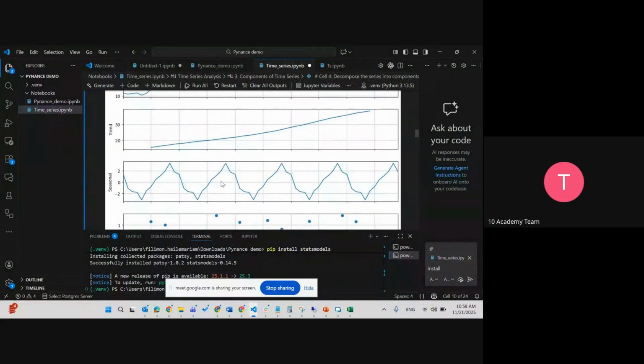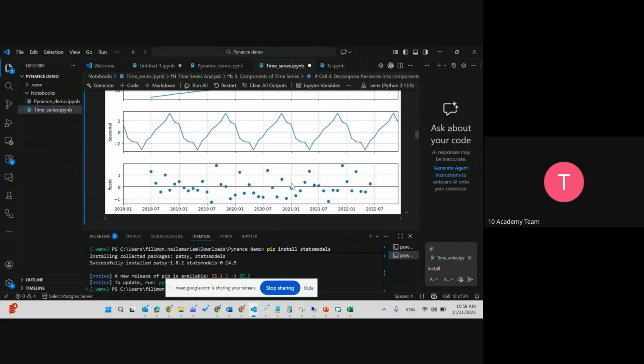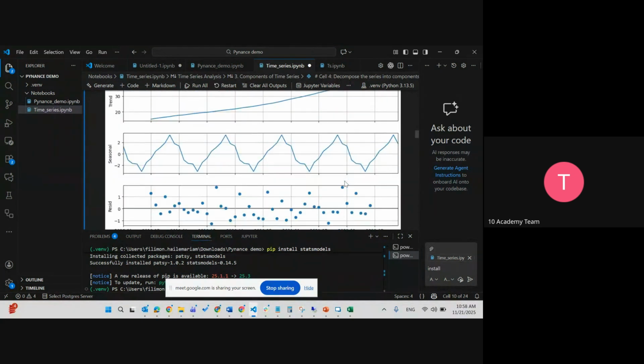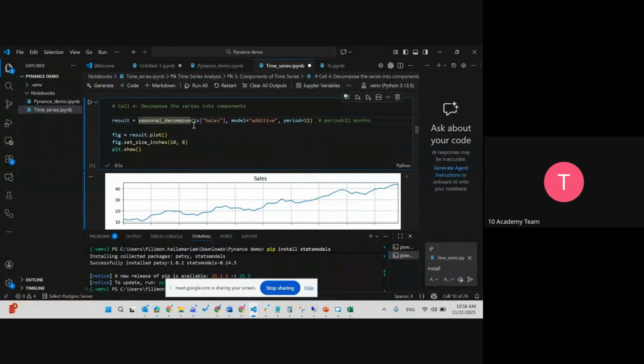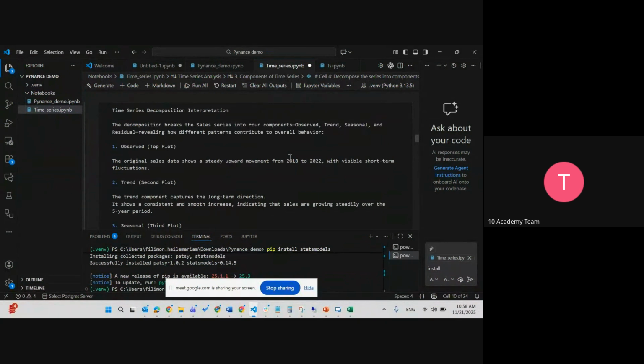It also picked up some seasonal data here. As you can see on the plot, there is residual data all over the place. So this is where you decompose. You can use the seasonal decompose of the sales with model additive. So let's interpret this plot so you can understand more.